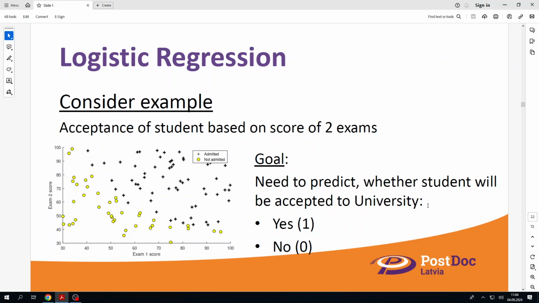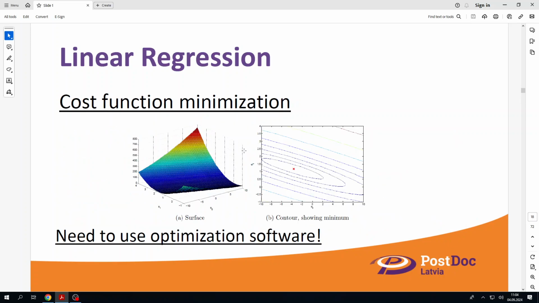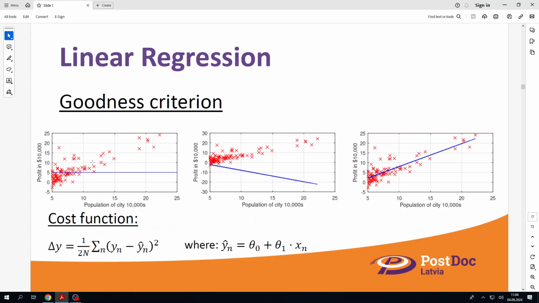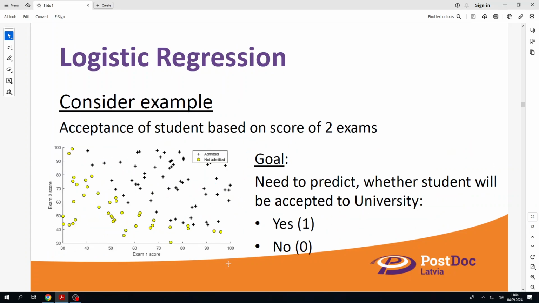So in this case what we want to try to do is a classification problem called logistic regression. Now, the previous one was called linear regression because, well, you can see the function was more or less linear. Of course, we can also predict non-linear functions as well, but logistic regression goes beyond that.